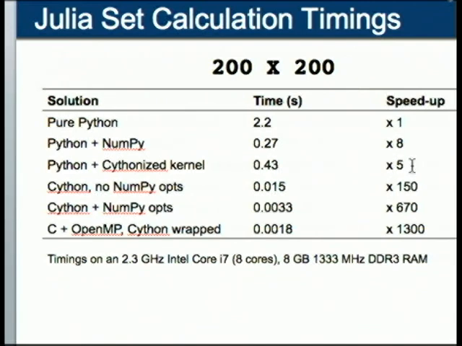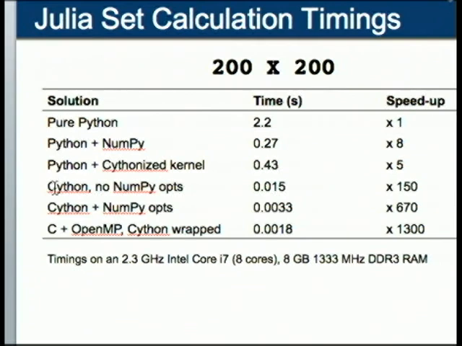Python plus Cython's kernel is less than an order of magnitude, and less than Numpy, curiously. What this version is doing is it's all Python except for the kernel. We're just pulling that in from the Cython source file, so that's the only part that's been sped up.